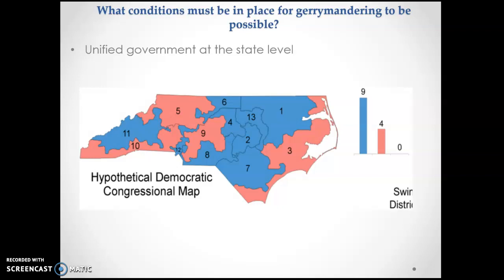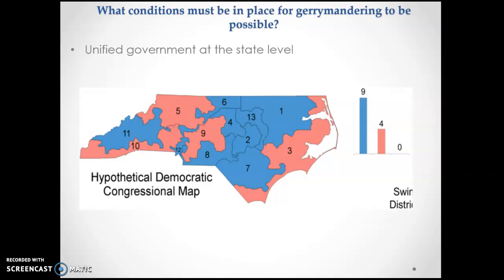Divided government at the federal level is like, let's say the president is Democrat, but Congress is Republican, or the president is Republican and the Senate is Republican, but the House is Democrat. That's divided government. Unified government is when one party controls all levels of that, either the federal or the state.